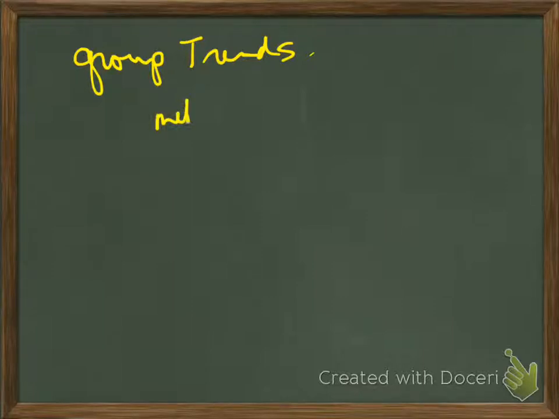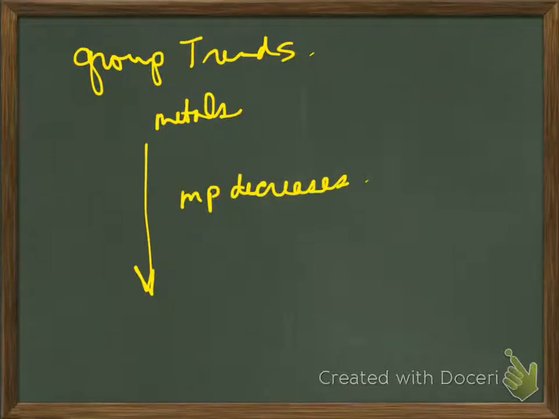Okay, within groups there are also trends, so group trends. For the metals, as you go down a group, the melting point decreases. And this is due to the atomic radius really getting larger.